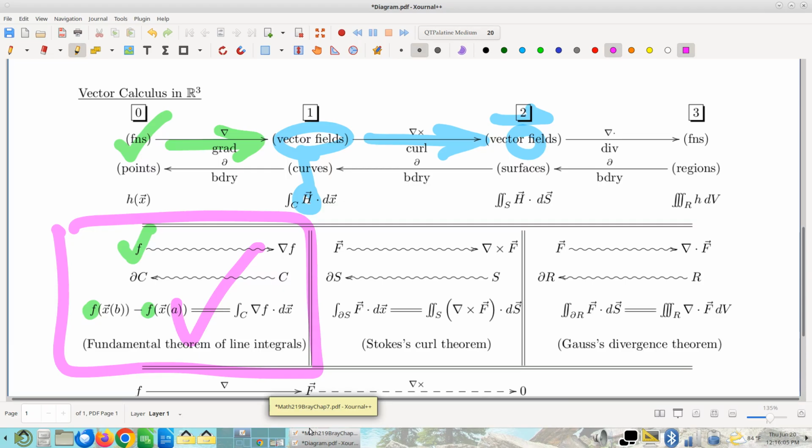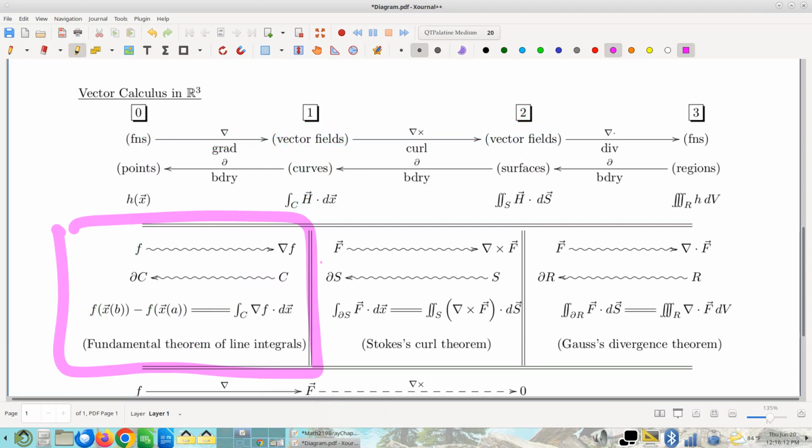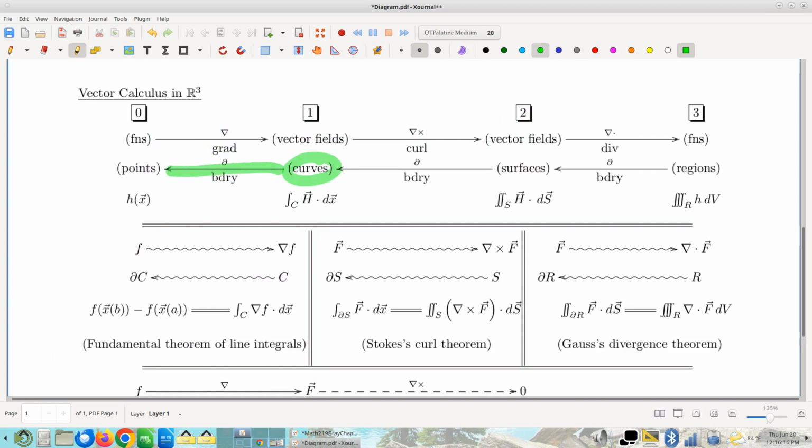Going back to the diagram, we just took our curve. We computed the boundary. It was not 0. That means there is no anti-boundary surface. That means Stokes' theorem is off the table.